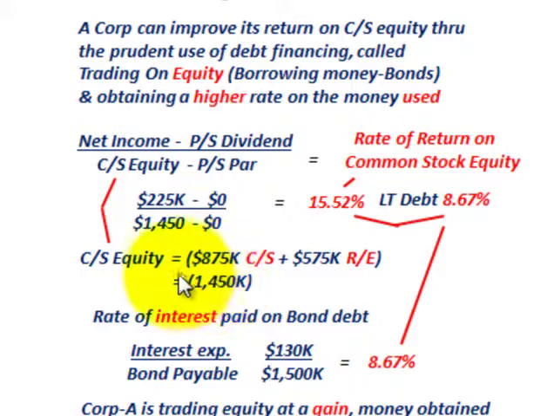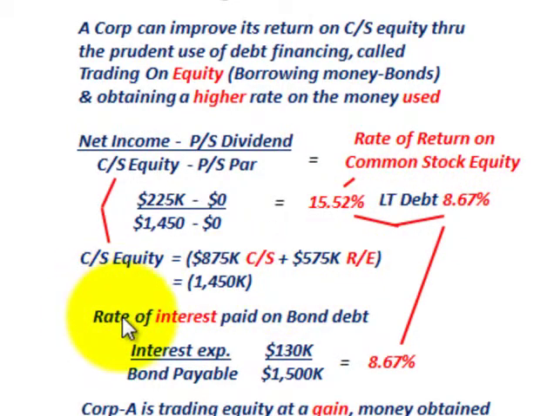Add those together, you're going to come up with $1,450,000. So that would be our common stock equity. Divide that into the net income for the year, $225,000. You're going to come up with the rate of return on common stock equity at 15.52%. Now we have to look at our long-term debt percent, what we're paying on our long-term debt.